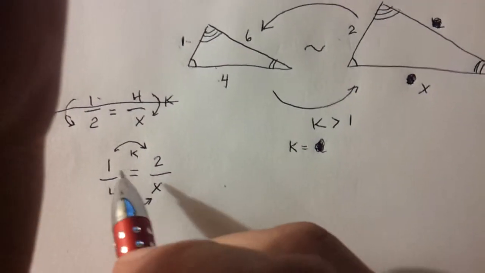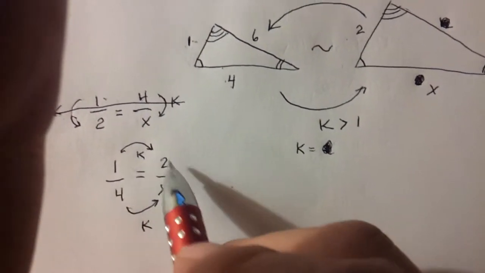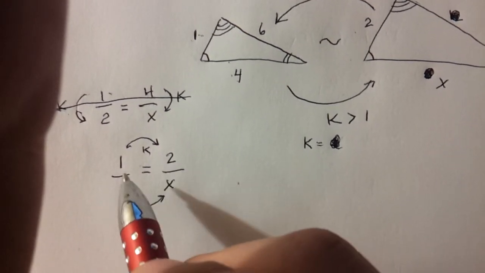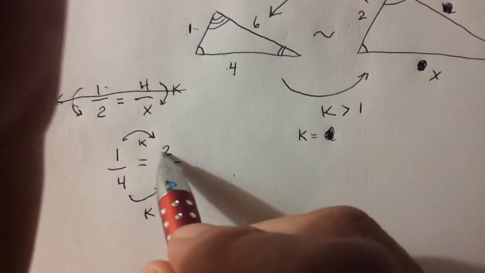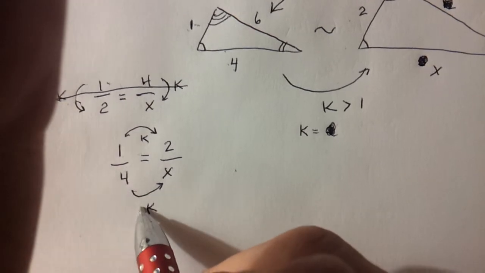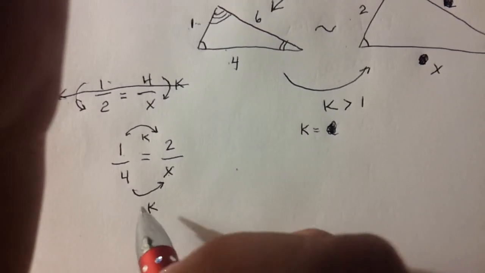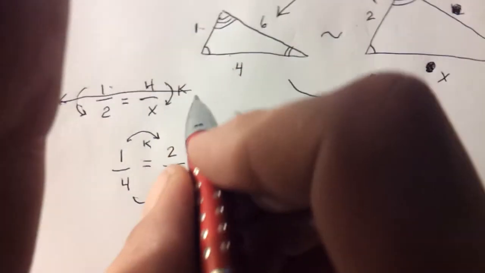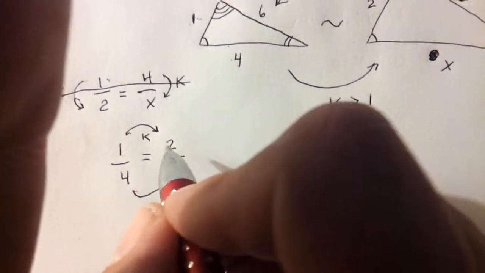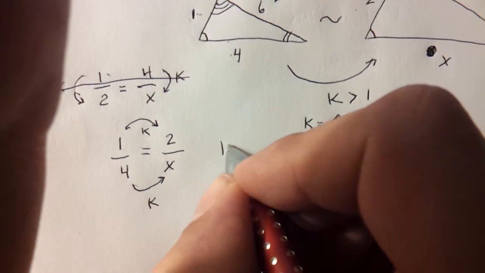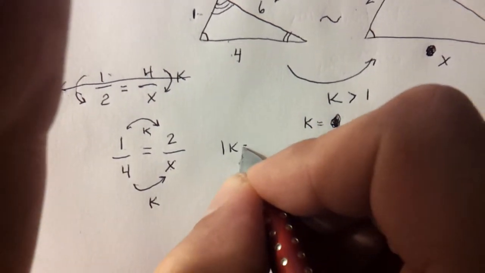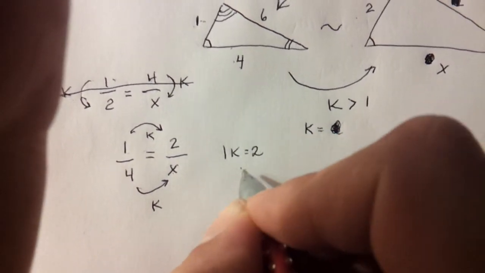So here's how the proportion works out. We're going small to large. So 1 times k is equal to 2, and 4 times k is equal to x. Real quickly, I see 1 times k equals 2, 1k is equal to 2.